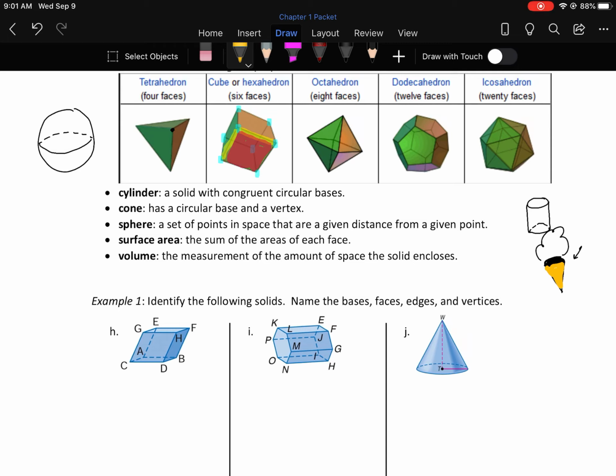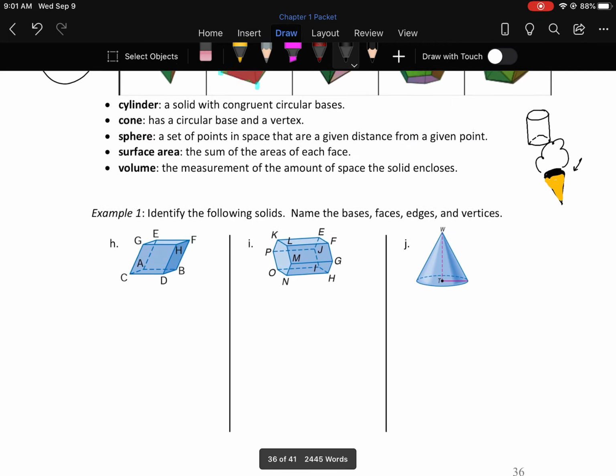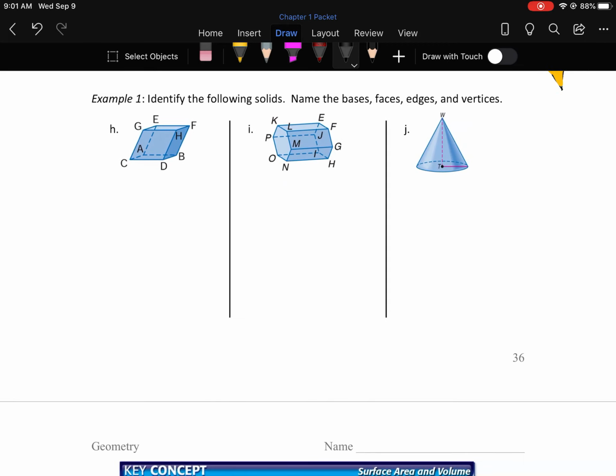So identifying these solids. This solid is a rectangular prism because we're going to be looking at triangular prisms, rectangular prisms, pyramids, cylinders, cones, spheres. We're going to be looking at all of that stuff. So this one is a rectangular prism.